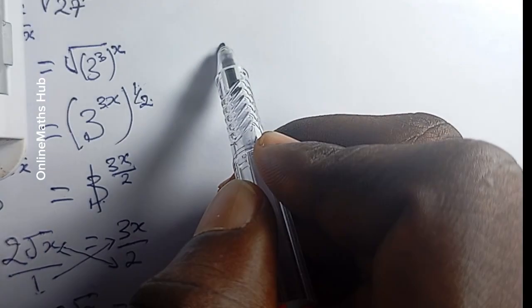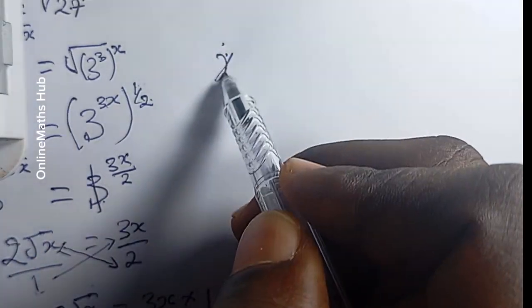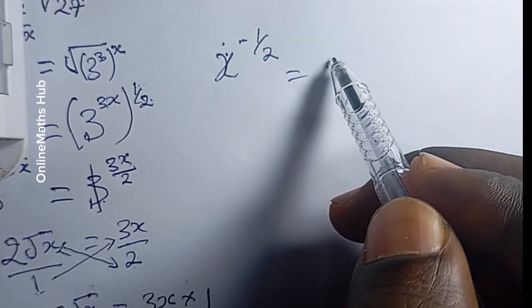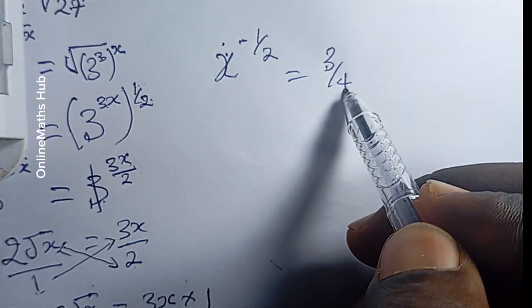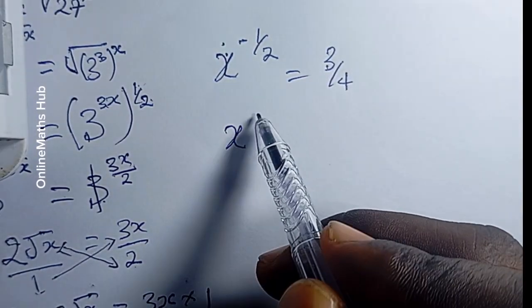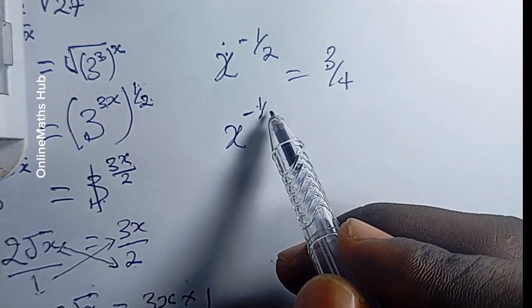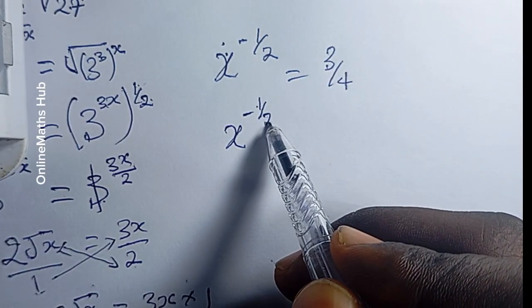And then continuing here, x power minus 1 over 2 is equal to 3 over 4. I can actually raise both sides to, I can take the square of both sides, and then let me just multiply by -2.